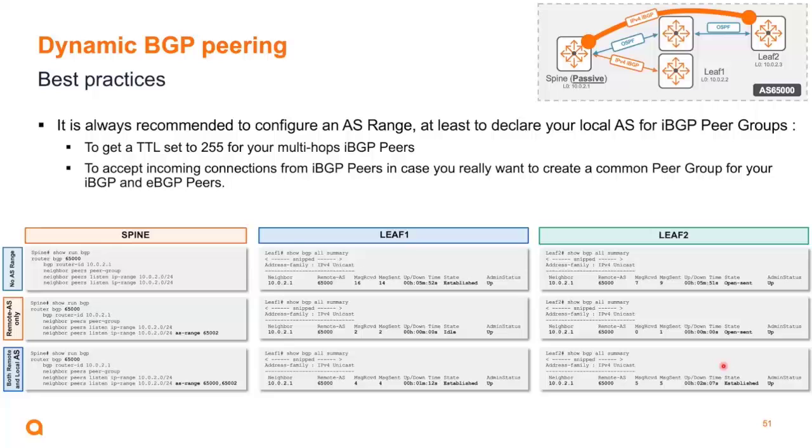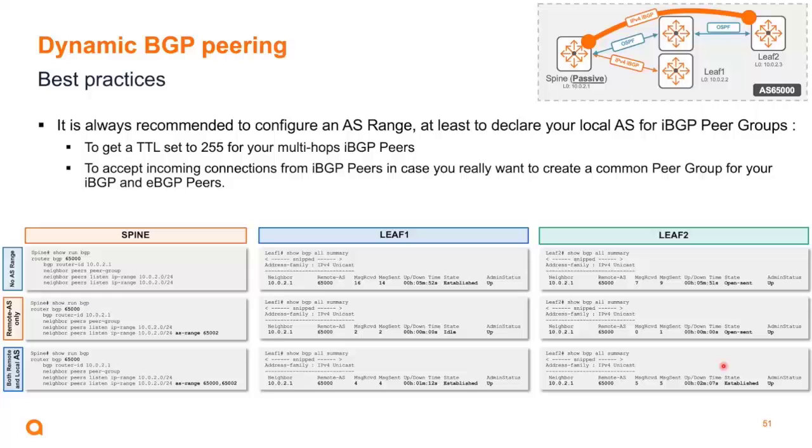But also in the future, if you really want to create a common peer group for both iBGP and eBGP peers, it will allow you to accept incoming connections from iBGP peers. What does it mean?